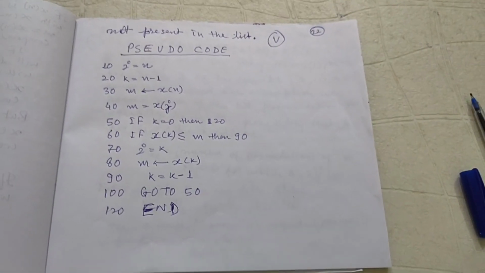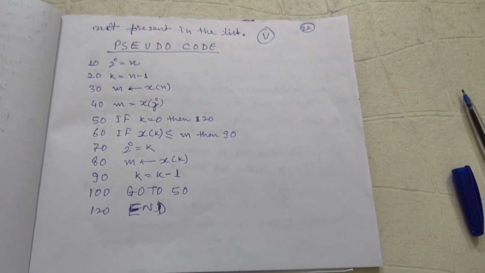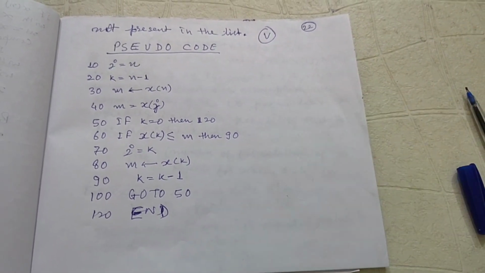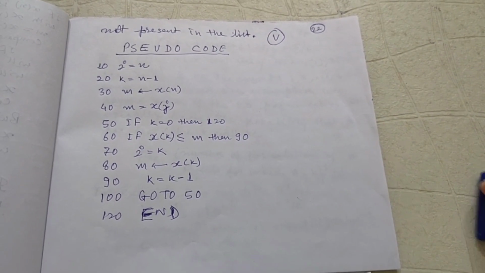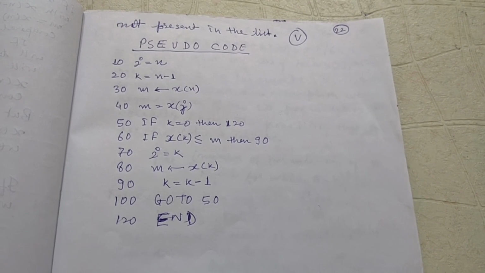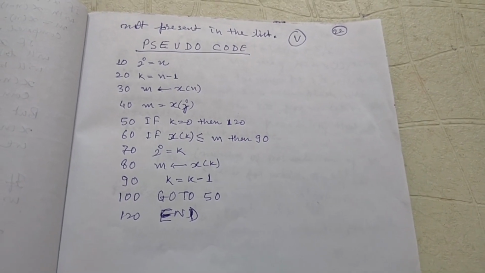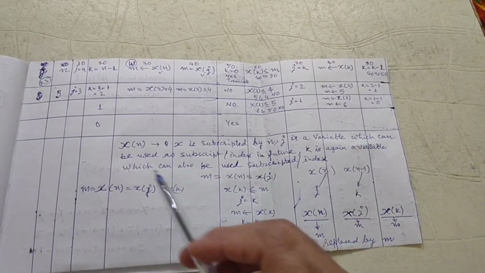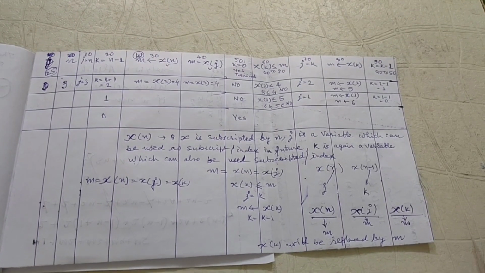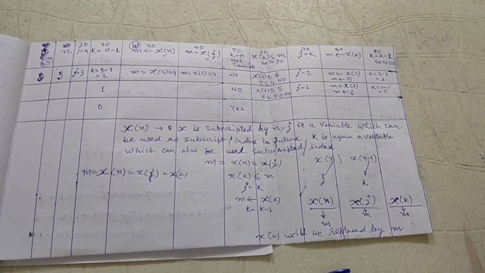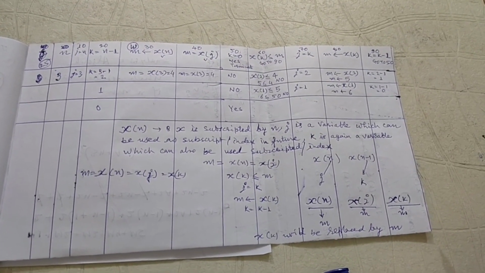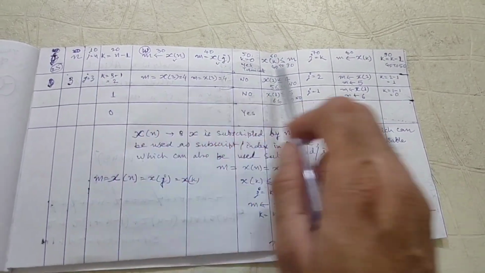This is the pseudocode of algorithm M, which is written in basic form, but you can consider this as pseudocode. Here is the execution of the pseudocode in tabular form. You can check each variable of the pseudocode which I have written in tabular form.